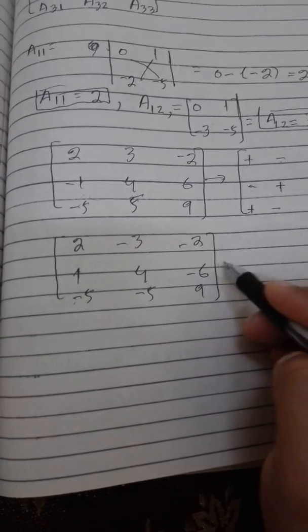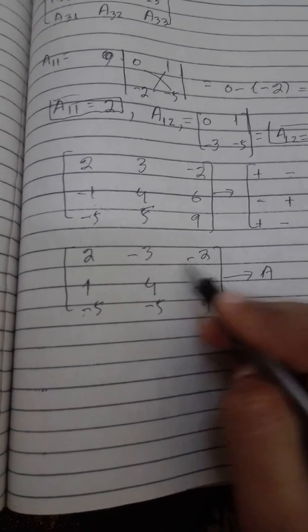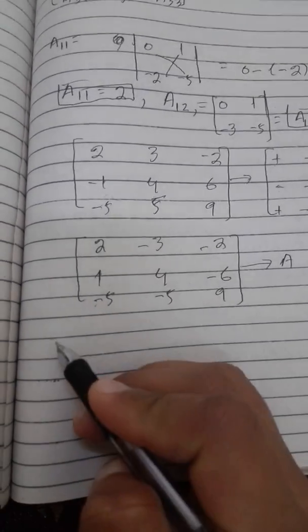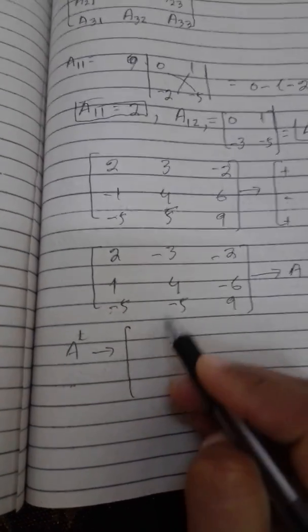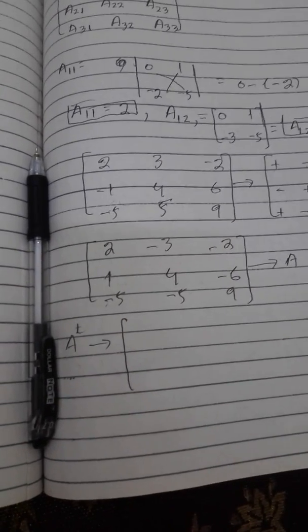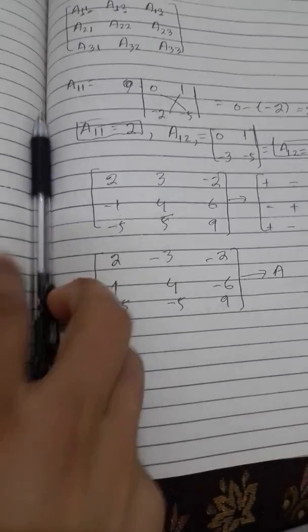Now you have to take the transpose of this matrix. Let me say this matrix is A, so the transpose of A will be... I hope you know the way of taking the transpose of a matrix.